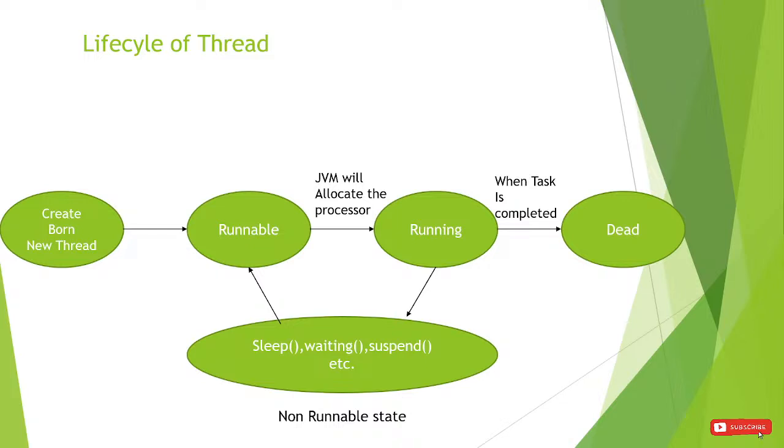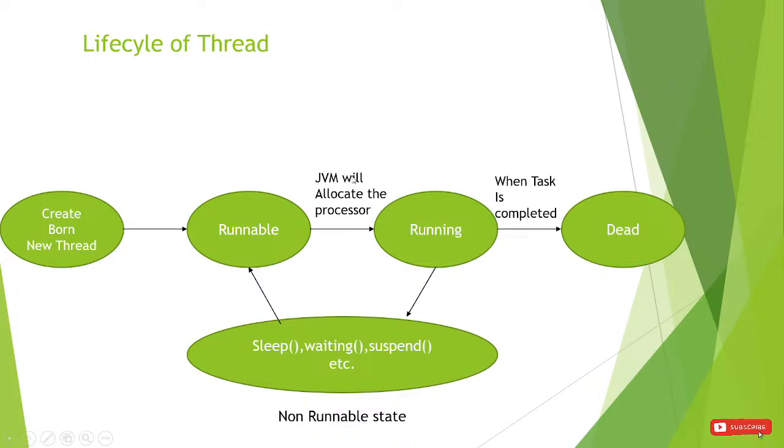When that time is over, it comes again into the runnable phase, and then from runnable it comes again into the running phase. It comes from runnable to running when the JVM allocates the processor to the thread, and from running to dead when its task is complete. In our example, when our motive is complete and our age is complete, we go to the dead state.